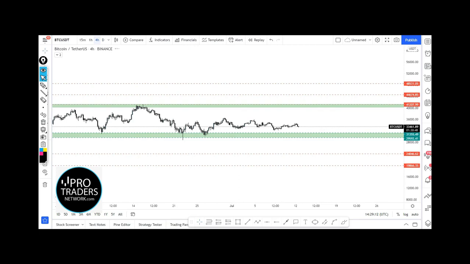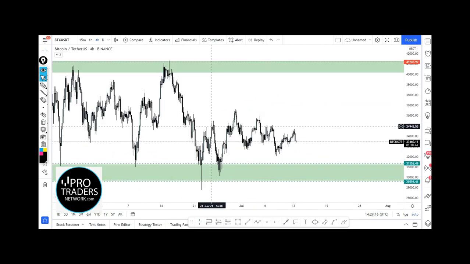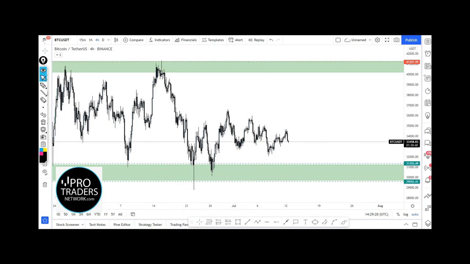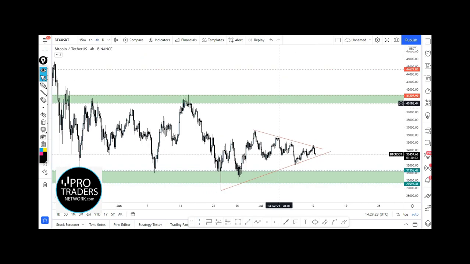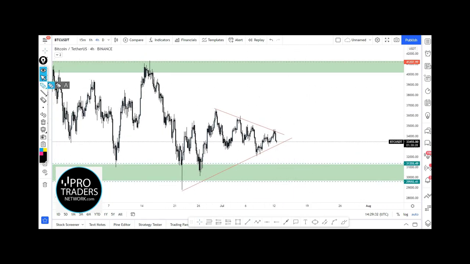Let me just go to the 4-hour chart. If we go to the 4-hour chart, we can see that we made a wedge pattern or triangular pattern or corrective pattern on the 4-hour chart.